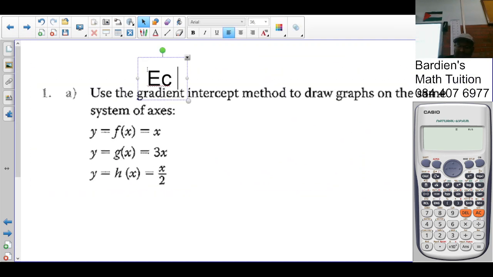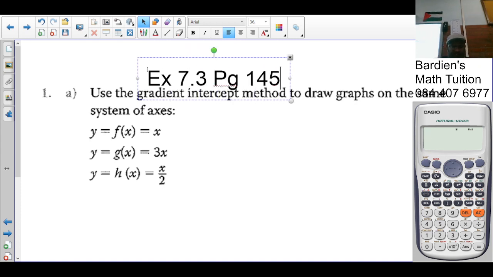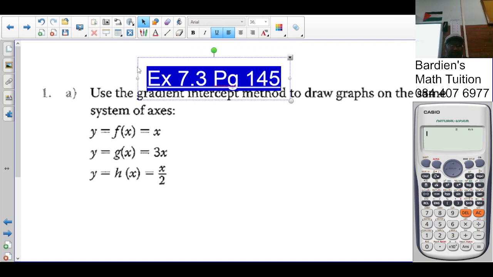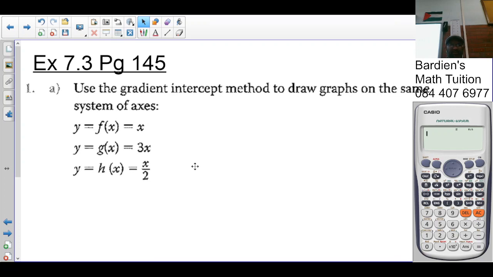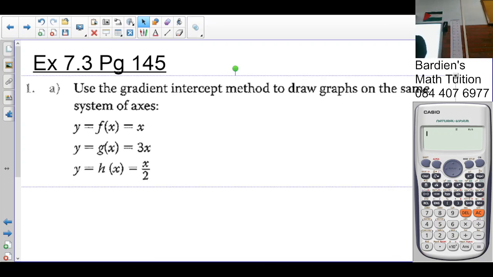The exercise 7.3 on page 145. So if you're looking at the gradient intercept method, let's just get an axis quickly.